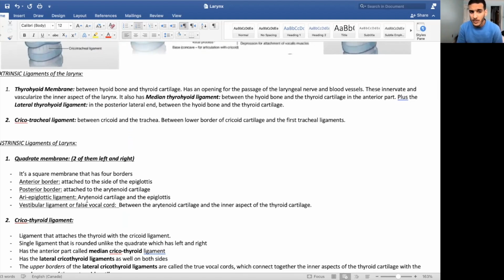The anterior border is attached to the side of the epiglottis, and the posterior border to the arytenoid cartilage: the epiglottic ligament, the arytenoid cartilage, and the epiglottis. I'll show you what these things mean. The vestibular ligament, or false vocal cord, lies between the arytenoid cartilage and the inner aspect of the thyroid cartilage.